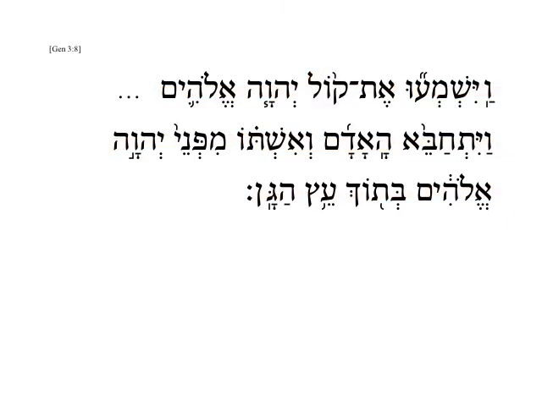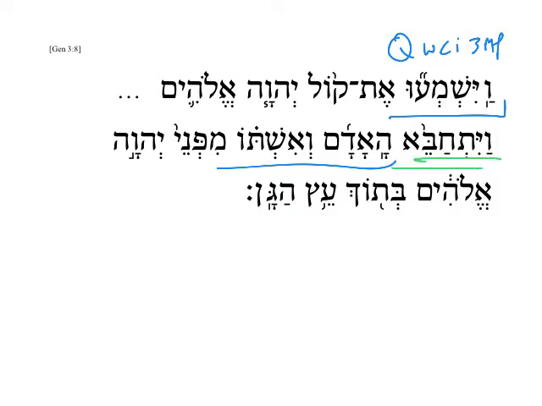Now here we have two verbs, and this one we can see is a kal, and it's a vav consecutive imperfect 3MP. So we have the same subject, I suppose, and they heard. Then we have another verb here. Let's go ahead and parse this one.